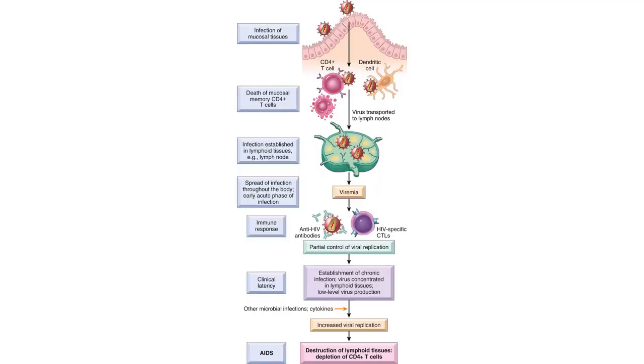So let me focus our discussion right now on HIV. In this slide, you will see the pathogenesis of human immunodeficiency virus. Human immunodeficiency virus infection is a sexually transmitted infection.